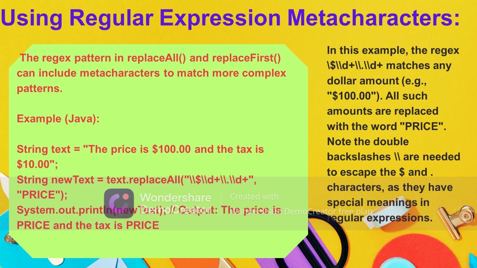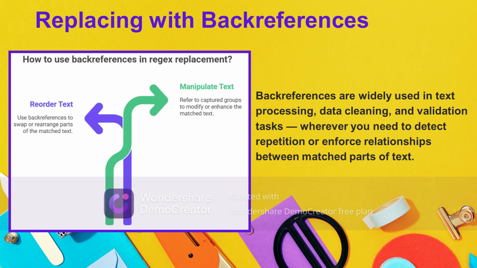Plus means one or more occurrences, so it can have many digits, then followed by a dot, then followed by digits again. All such amounts are replaced with the word price. So we replace this pattern with the word price. So here the price is price and the tax is price. It has been replaced, as with all other meta characters.